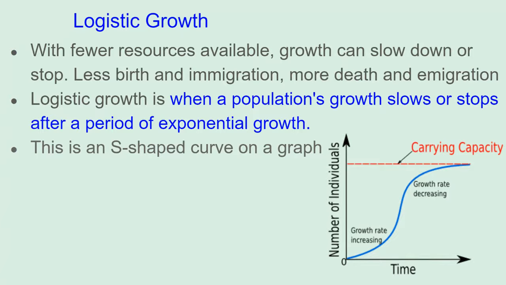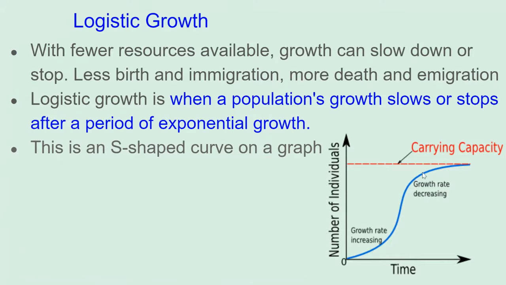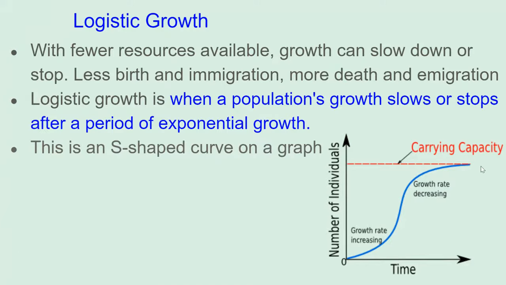Logistic growth is an S-shaped graph, so you can kind of see it looks like an S, but basically there's exponential growth followed by slowing down and kind of reaching its limits or carrying capacity. That basically occurs when there are fewer resources available, or maybe there are more predators, or possibly emigration is occurring. But for whatever reason, that population stops growing exponentially and it maintains a steady state for a long period of time, potentially, and that is at its carrying capacity.